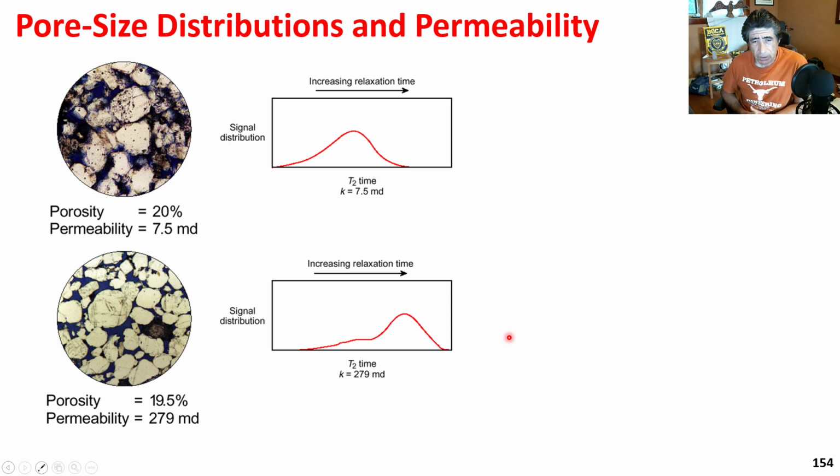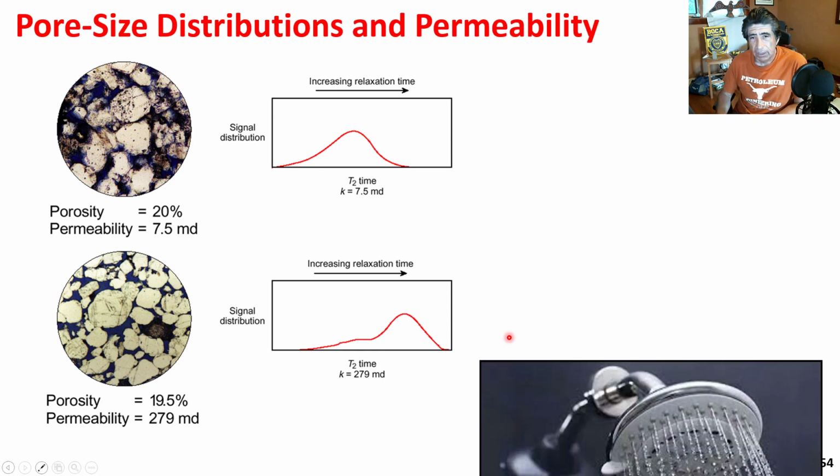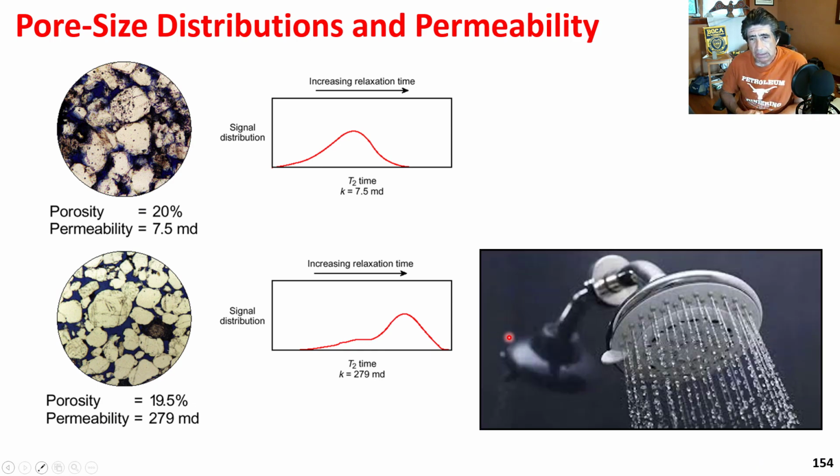So essentially, the dominant time of the T2 distribution will be an indication of the dominant pore size of the rock, and because of that, we can anticipate that despite the fact that these two rocks have the same porosity, they do not have the same permeability. And that takes us back to our favorite example of looking at these rocks as a shower head, where you can have either equal sizes of throat sizes or unequal sizes of throat sizes.